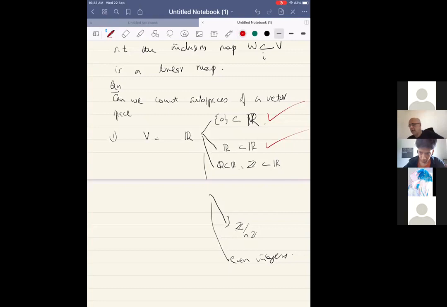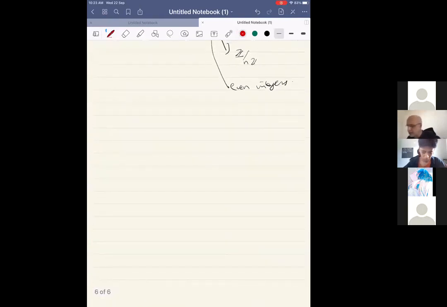Okay. Very good. Now, what if I take V equal to R2? Let's think of a picture. There are two ways of writing R2.